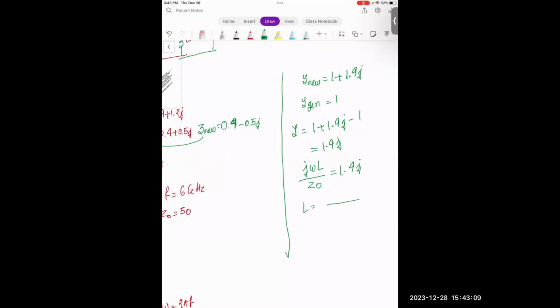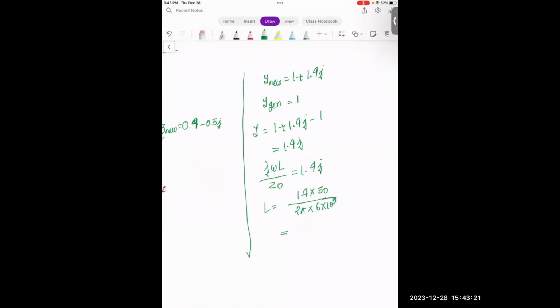We can find L: 1.4 multiplied by 50 over 2 into 3.1416 into 6 into 10 to the power 9, which is 1.85 times 10 to the power negative 9. This is our L value.